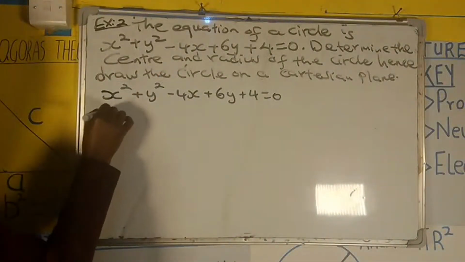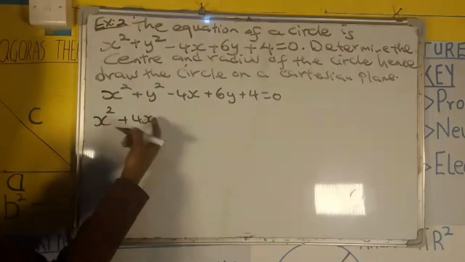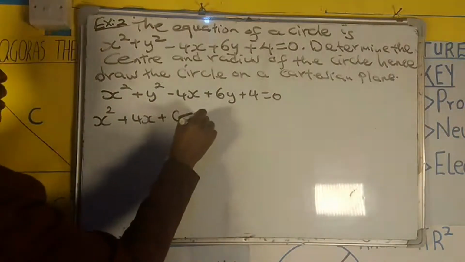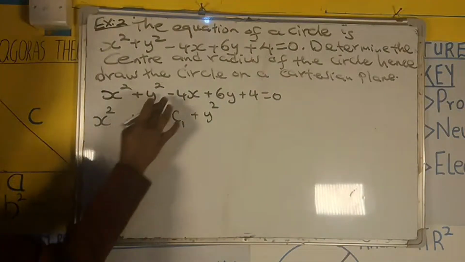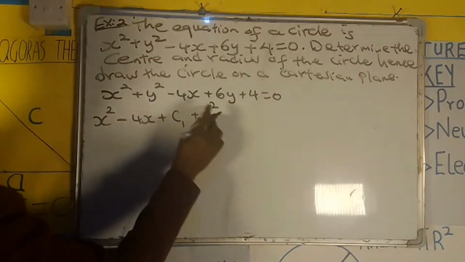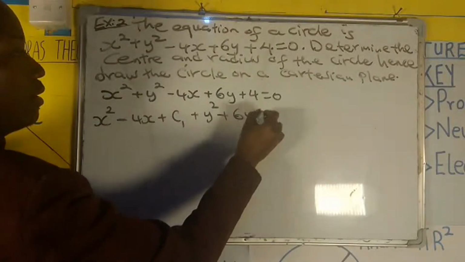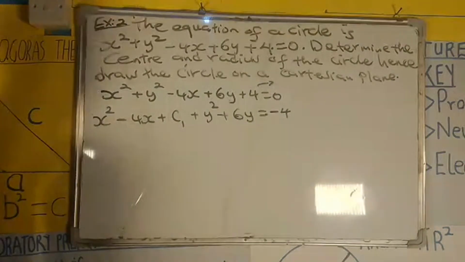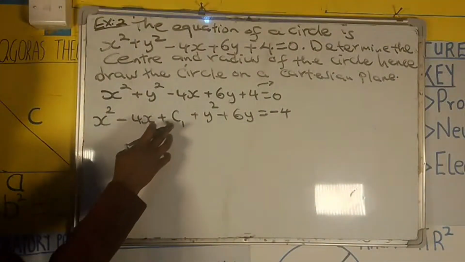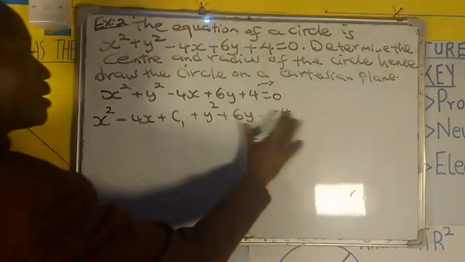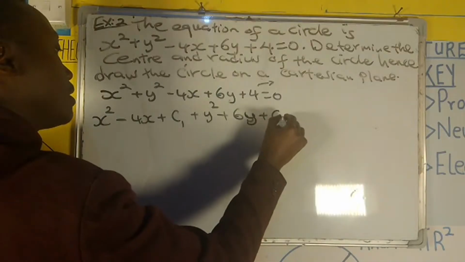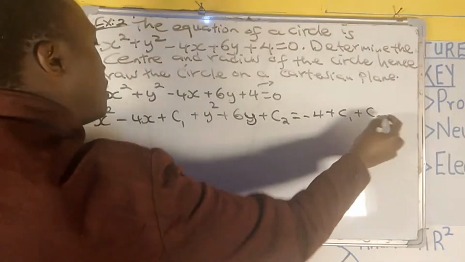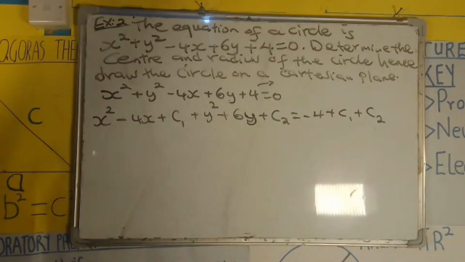So tutaanza na x squared minus 4x plus c1, then plus y squared plus 6y is equal to, ikienda huko itakuwa minus 4. So tutafute c1 na c2, plus c2, itakuwa minus 4 plus c1 plus c2.